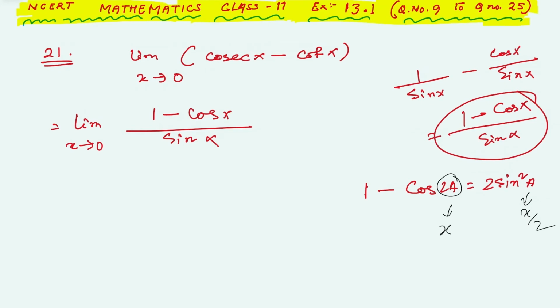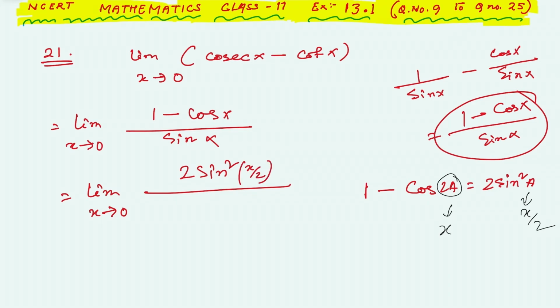So we can write limit x tends to 0. 1 minus cos x can be replaced by 2 sin square x by 2. And for sin x, we are going to apply the sin 2a formula, that is 2 sin a cos a. Replace this 2a by x, then a must be replaced by x by 2, isn't it?